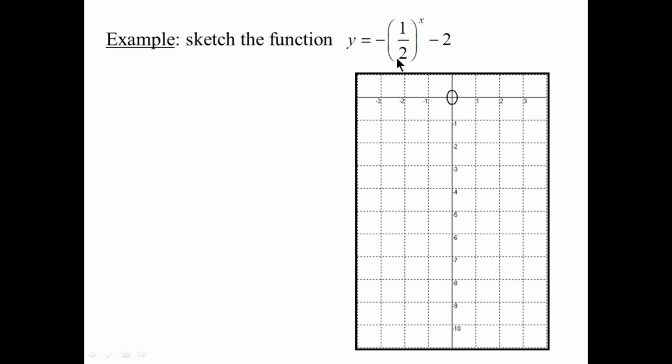So it will be a decreasing function which has been reflected across the x-axis. So if you use your imagination, if something is decreasing and you reflect it across the x-axis, all of a sudden it's climbing upwards. And it's been shifted down too. So we know where our asymptote is. It's at y equals -2.